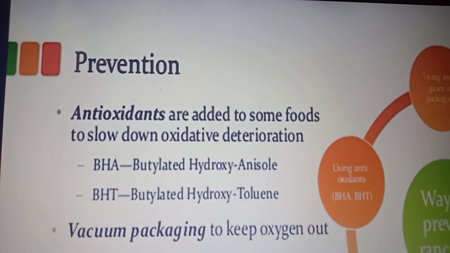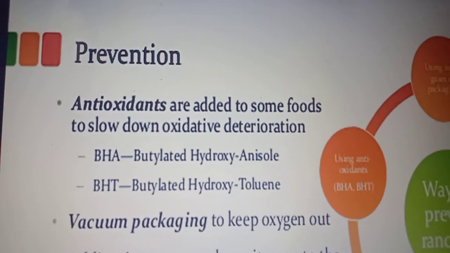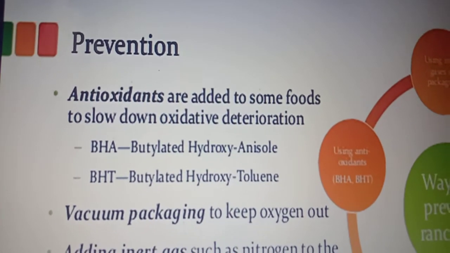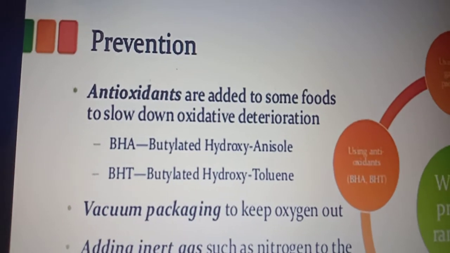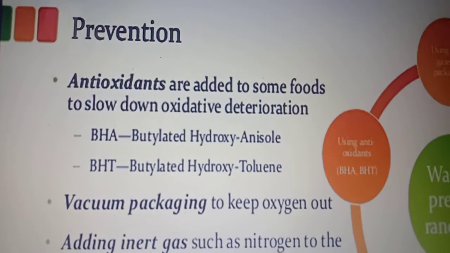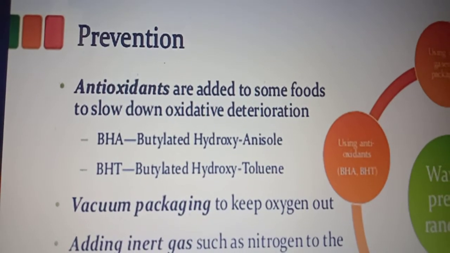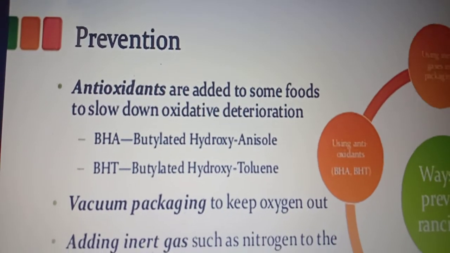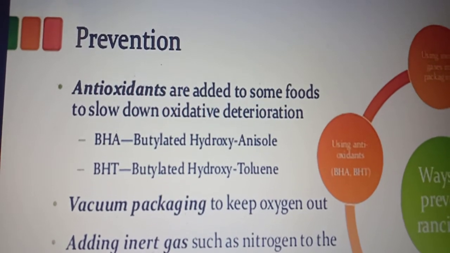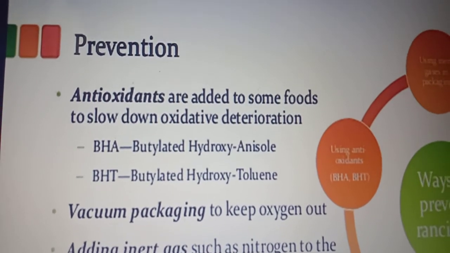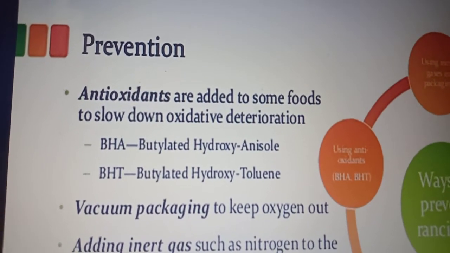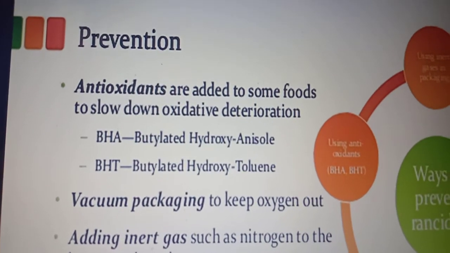So antioxidants are added to foods to slow down oxidative deterioration. So these antioxidants, here we have examples of two antioxidants, these chemicals BHA and BHT. BHA stands for butylated hydroxyanisole and BHT for butylated hydroxytoluene.